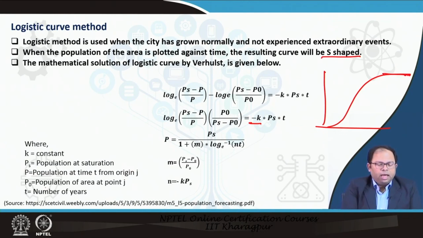P is the population at time t from origin, we are trying to estimate the population at a certain time period, and P0 is the population of an area at the starting point, and t is the number of years.